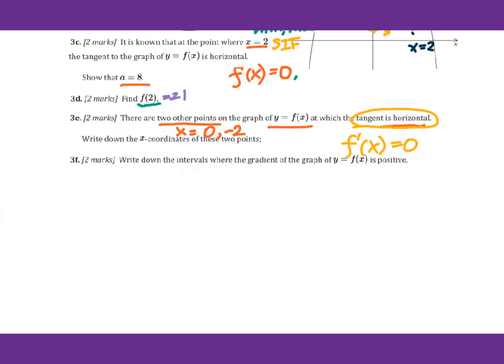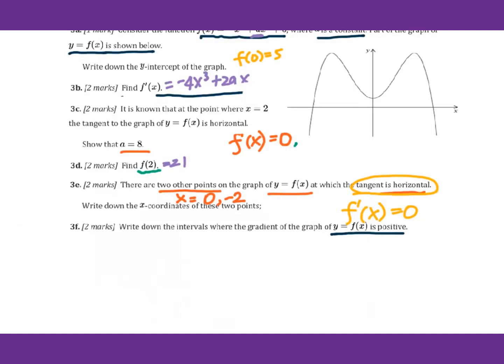Let's go to 3f. Write down the intervals where the gradient of the graph of y equals f of x is positive. From 3e, we already got the other 2 points where the tangent line is horizontal. So we can label on this graph.